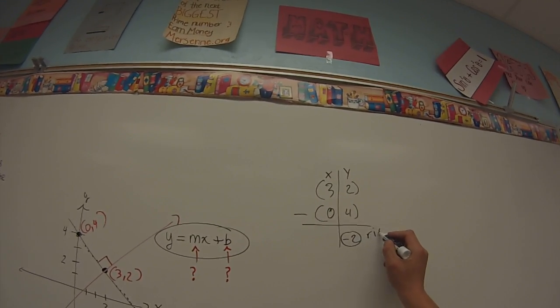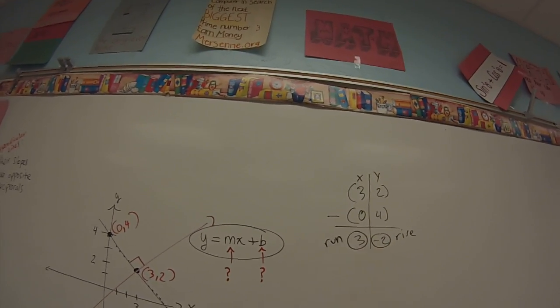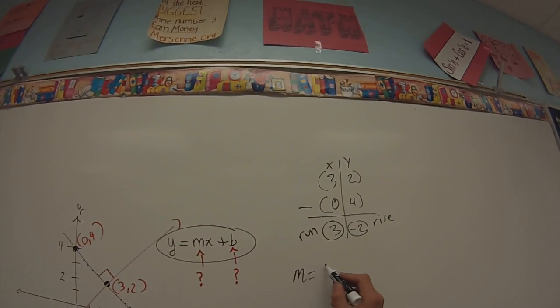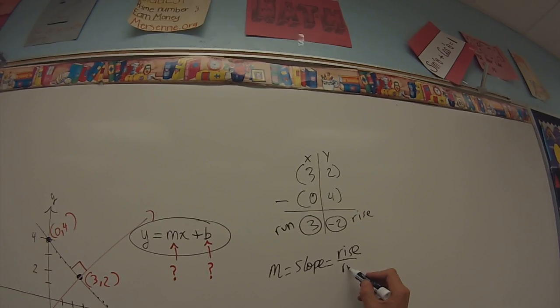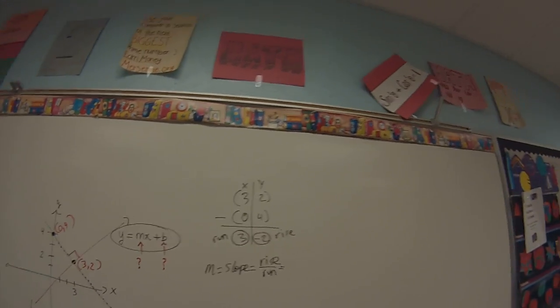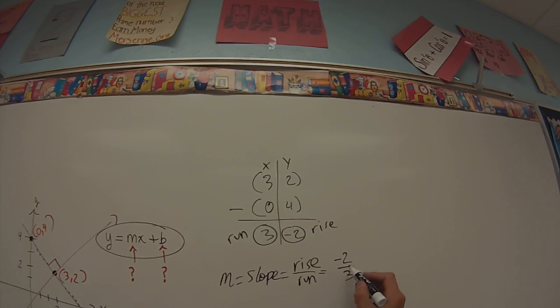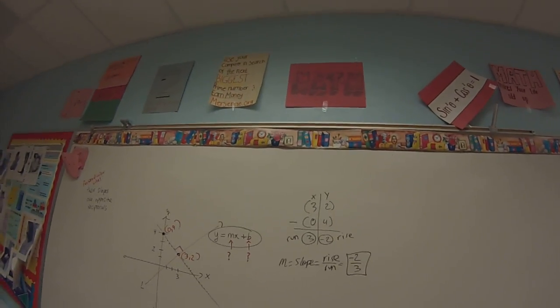That's going to be my rise. 3 minus 0, that's 3. That's my run. From the middle school years, you remember that m is always the slope. In this case, it's equal to rise over run. It's always like that. My rise is -2, and my run is +3. Okay, so this will be the slope of the black line.